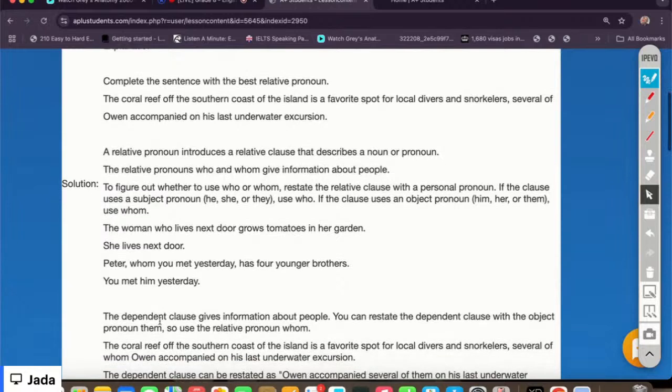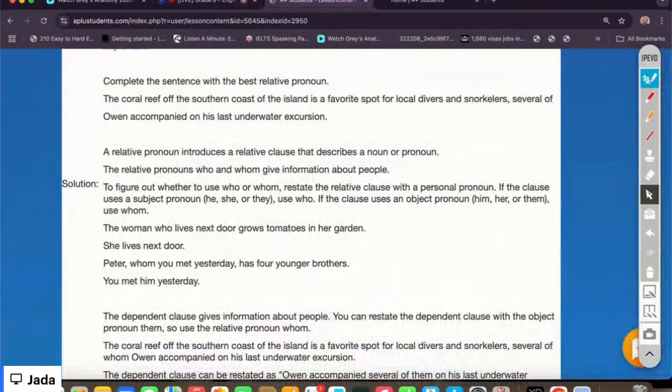Okay, so we have that a relative pronoun introduces a relative clause that describes a noun or a pronoun. Okay, so you have to take notes that the relative pronoun introduces a relative clause that describes a noun, okay, or pronoun. Okay, yeah, can you hear me?